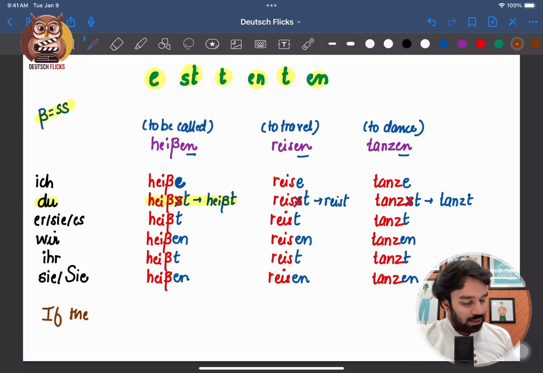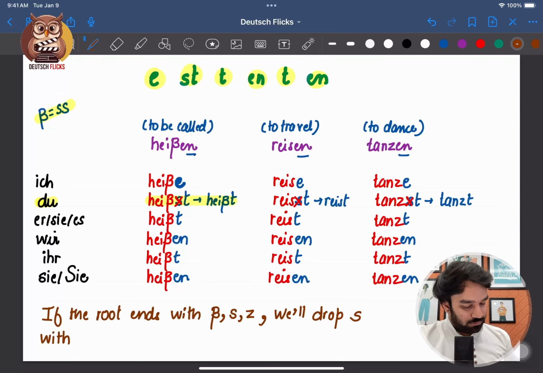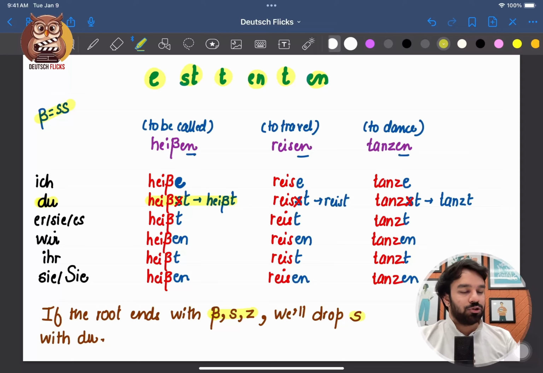Similarly, if the root ends with s, ß, or z, any one of these three, what we will do is drop the s with du. I'll also highlight this. So s, ß, or z, let's drop the s while conjugating with du.